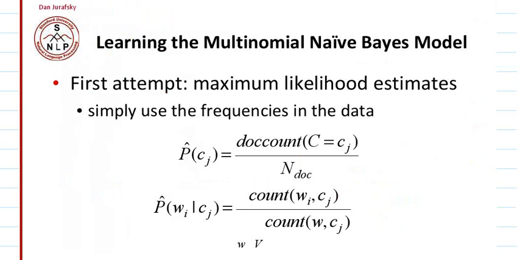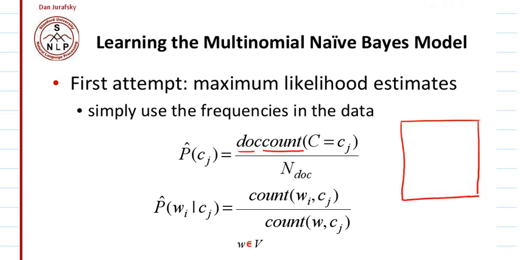So it means doc count, that is, doc count is the number of documents for the class cj divided by the total number of documents, and P of wi given cj or P of xi given cj is the count of the word that is present with this class divided by the total count of words, where w belongs to the vocabulary. So let's see this visually.